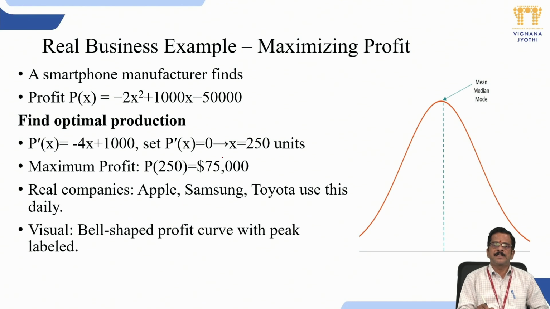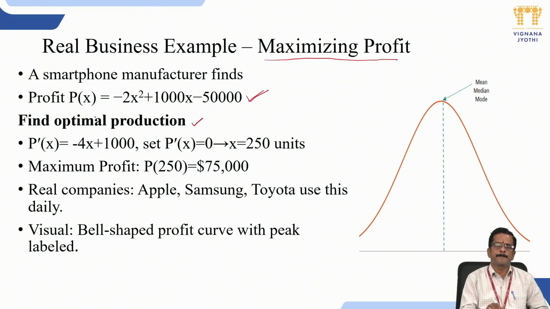Next, a business example: maximizing profit. This is the function defined. The profit function is built by the company or manufacturer with respect to his criteria. To find the optimal production, he has to differentiate the profit function.